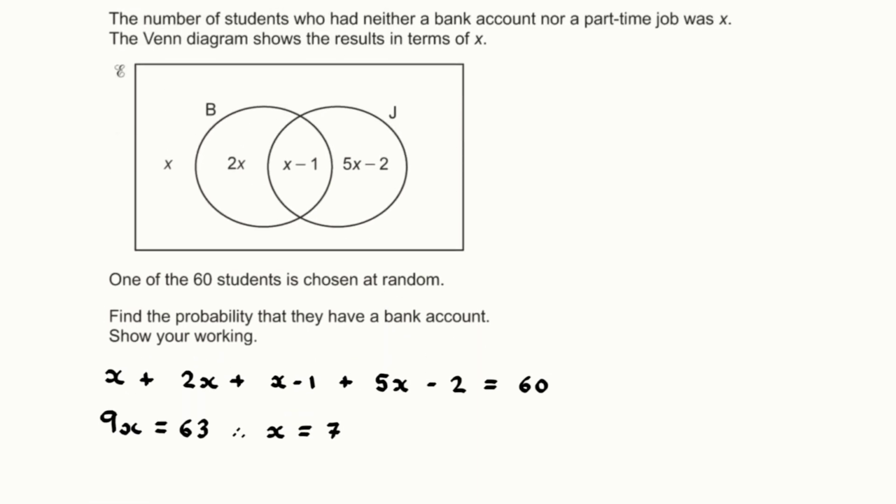And knowing that x equals 7, here we've got 7, here we've got 14, here we've got 6, here we've got 35 minus 2, which is 33.